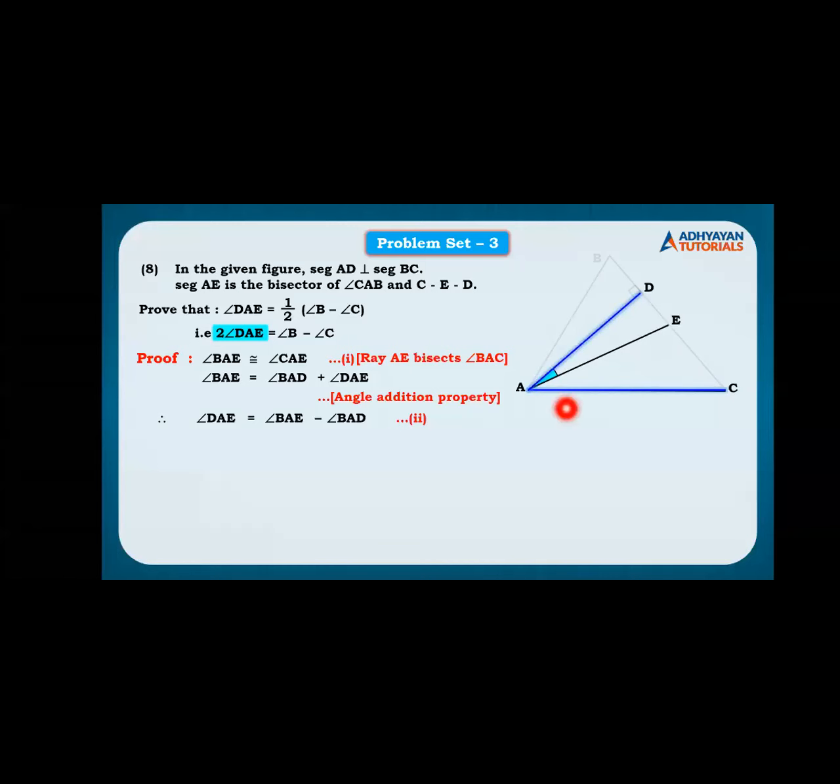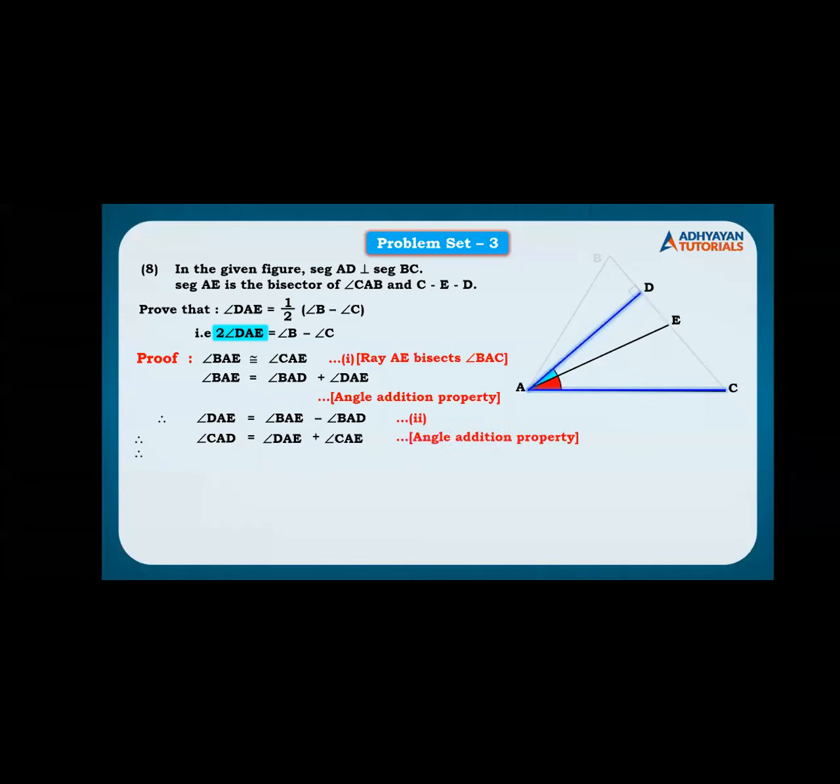Now, just looking at the figure, DAC, can I write it as angle DAE plus angle EAC or CAE, whatever you write it as? Adding these two small angles makes the bigger angle, isn't it? So I apply the angle addition property once again, children. Now, once again, I want to keep DAE alone. So I would be shifting CAE to the other side.